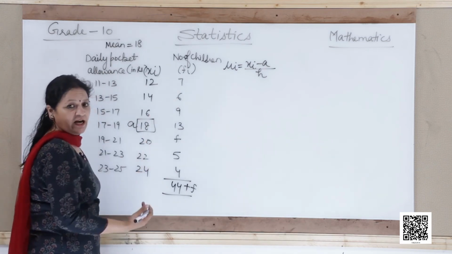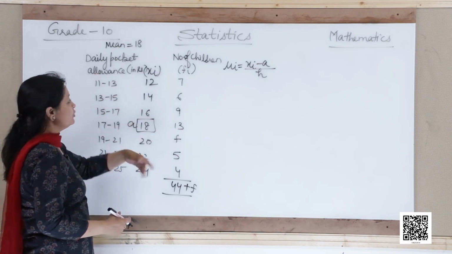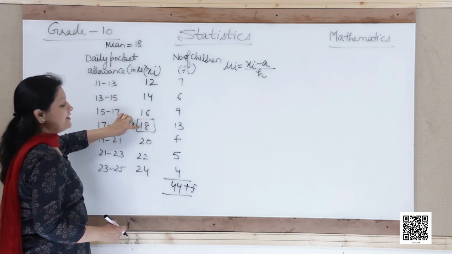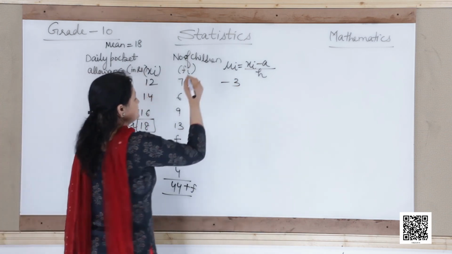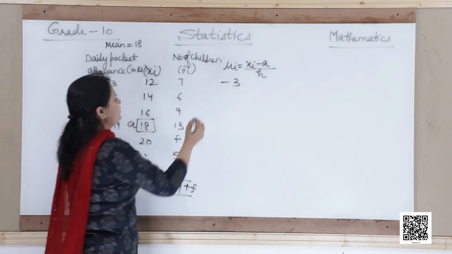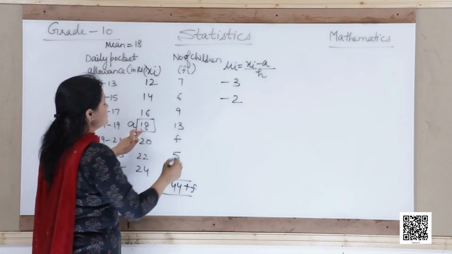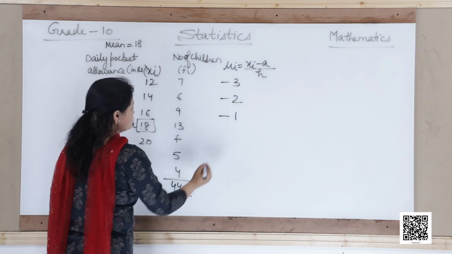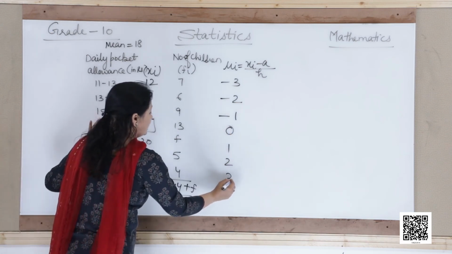Firstly find Di and then divide by H, or directly we can do 12 minus 18, minus 6, divided by 2, which is minus 3, minus 4 divided by 2, minus 2, 16 minus 18, minus 2 divided by 2, minus 1, 0, 1, 2 and 3.